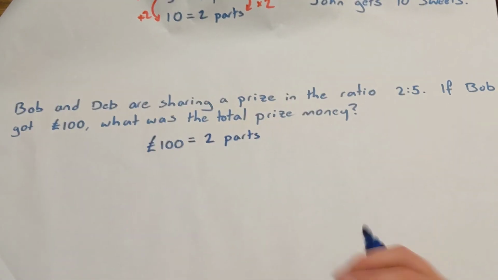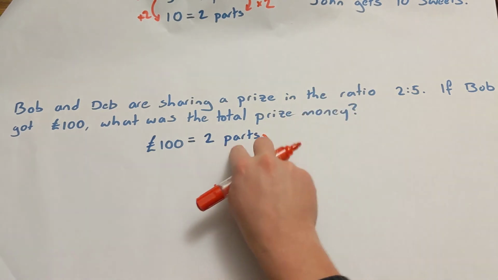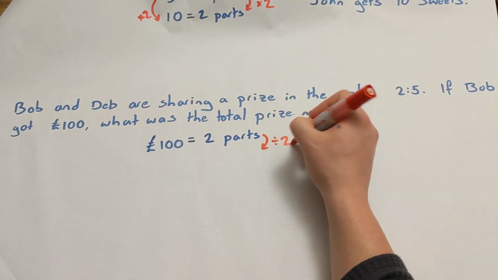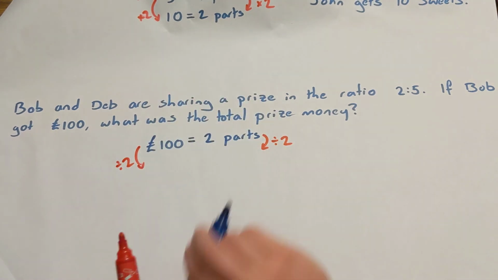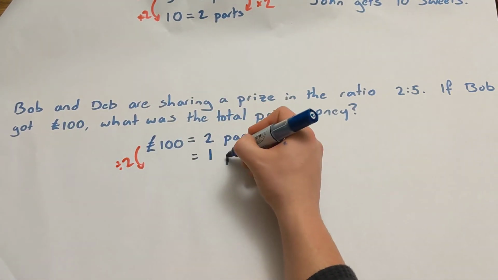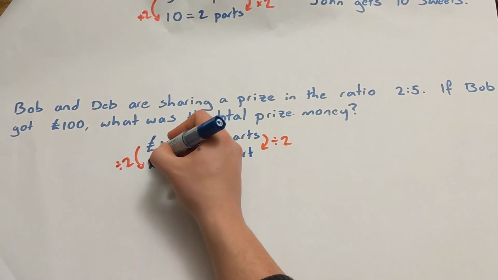Again, the first step we always want to go to is to work out 1 part. So we've got 2 parts, I want to divide by 2 to get 1 part. So 100 divided by 2 is £50.